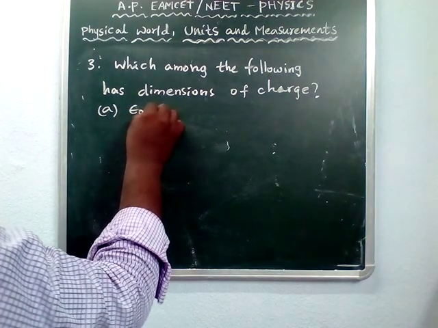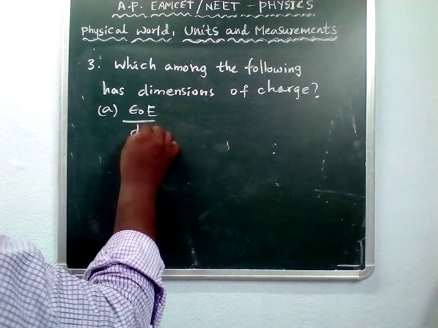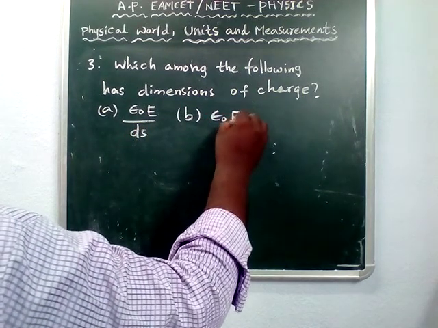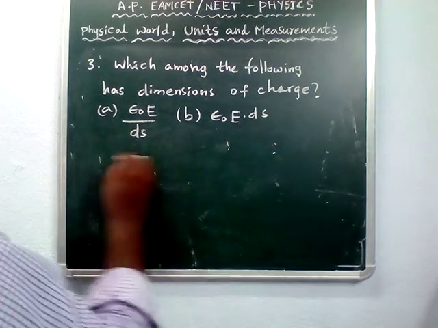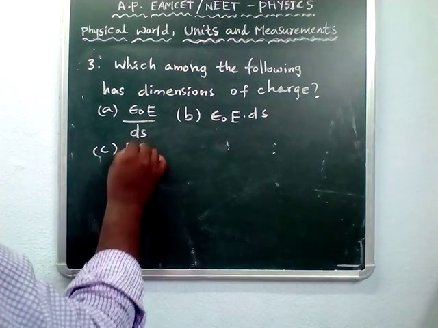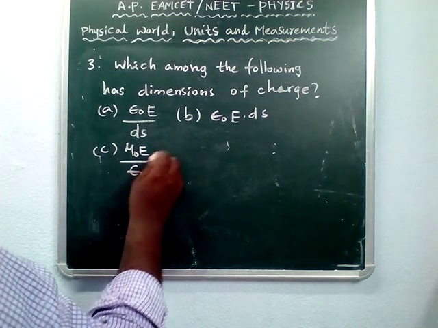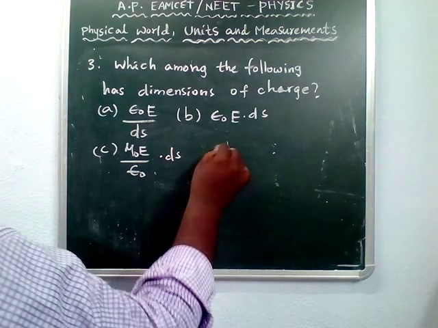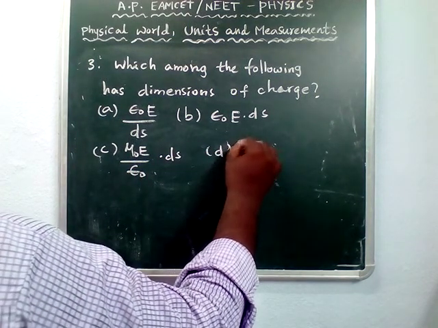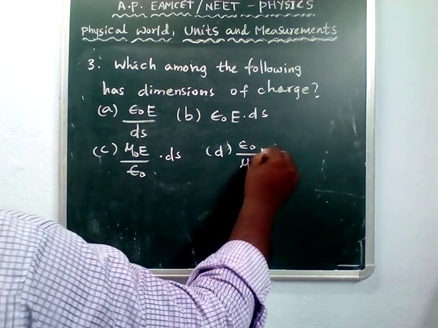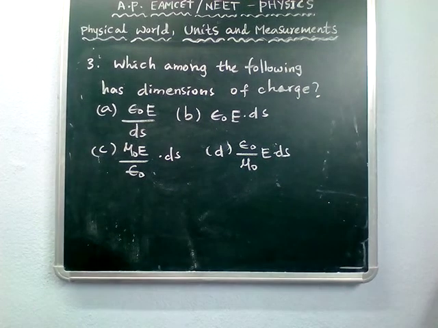Option A is epsilon naught E by ds. Option B is epsilon naught E ds. Option C is mu naught E by epsilon naught ds. Option D is epsilon naught by mu naught E ds. So these are the given options.